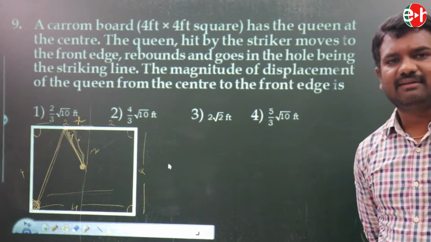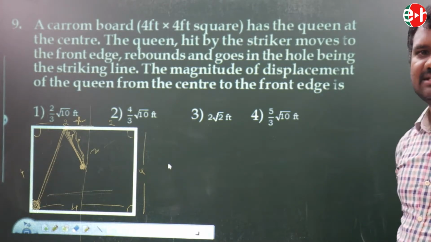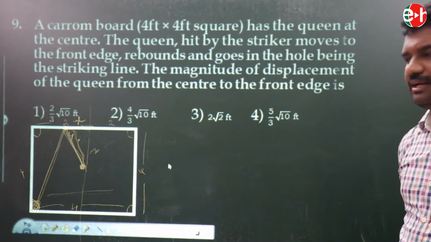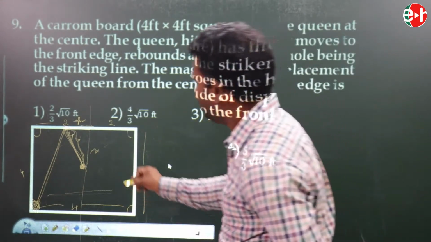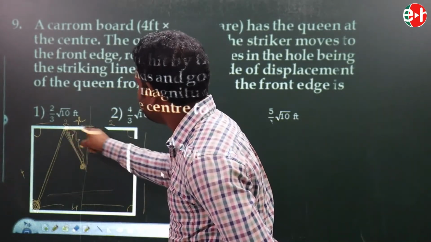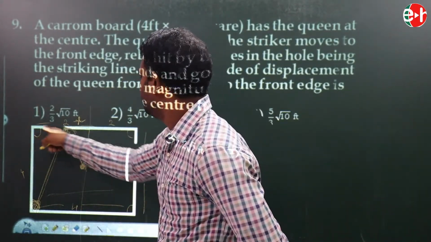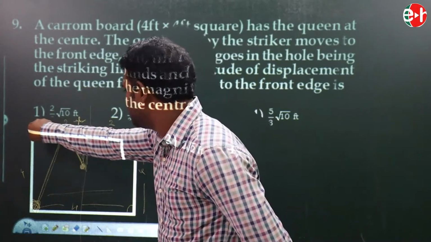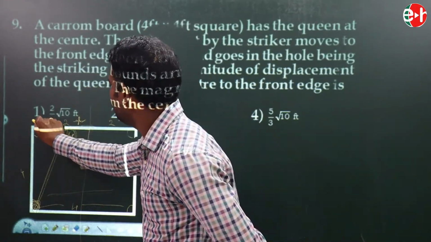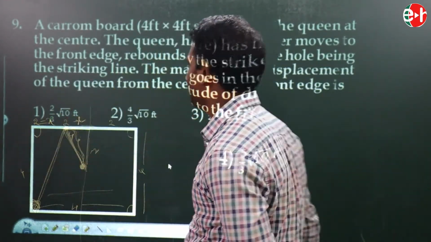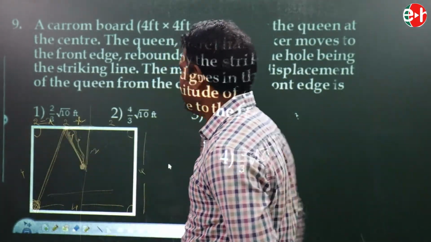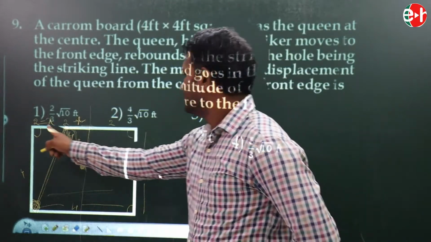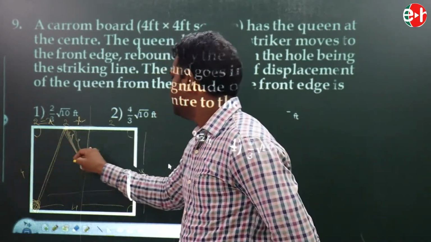I hope you are aware of the similar triangles concept. Otherwise, your maths teacher will teach you about the similar triangles and their principles. Then you can understand. Till then, bear with me. So, if this is x, this is total 2. If this is x, what is this part? This is obviously 2 minus x. Okay? Now, according to our similar triangles principles, this side by this side is equal to this side by this side.